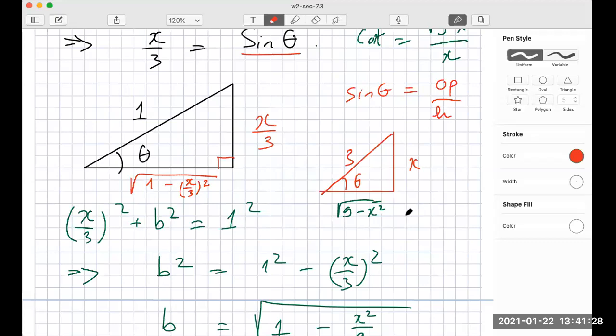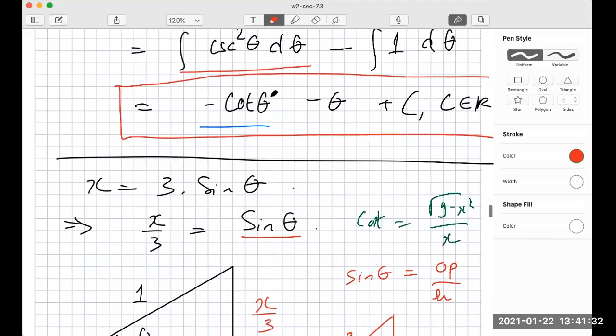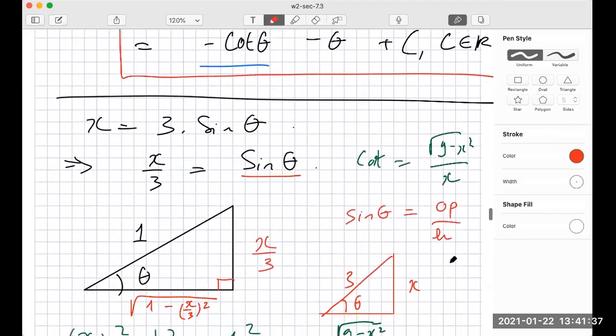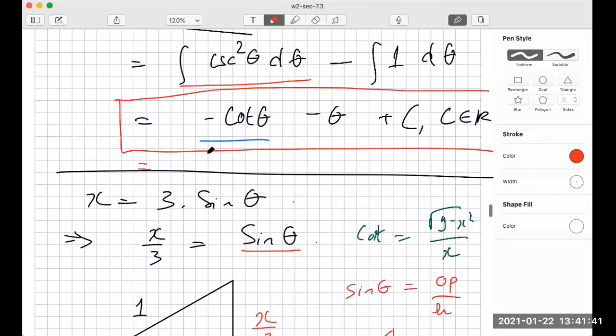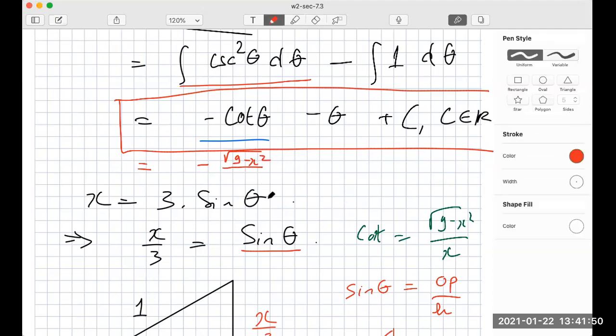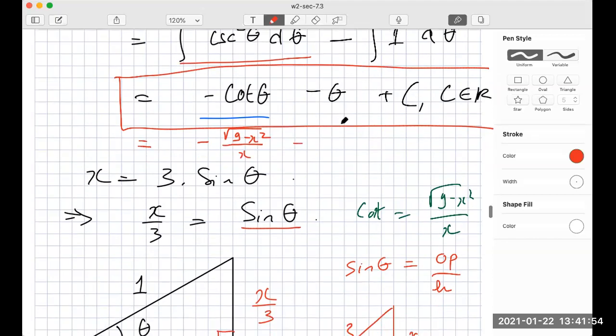Yes, very good. Anyway, from this relation, we found that negative cotangent theta will be negative of the square root of 9 minus x squared divided by x here, minus theta here.